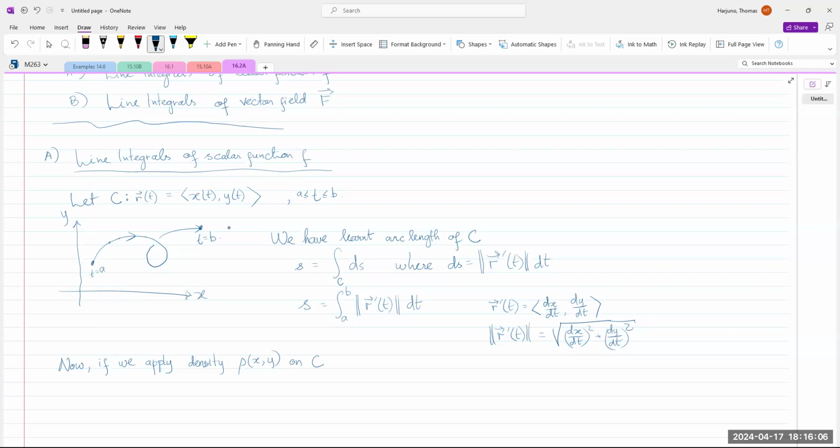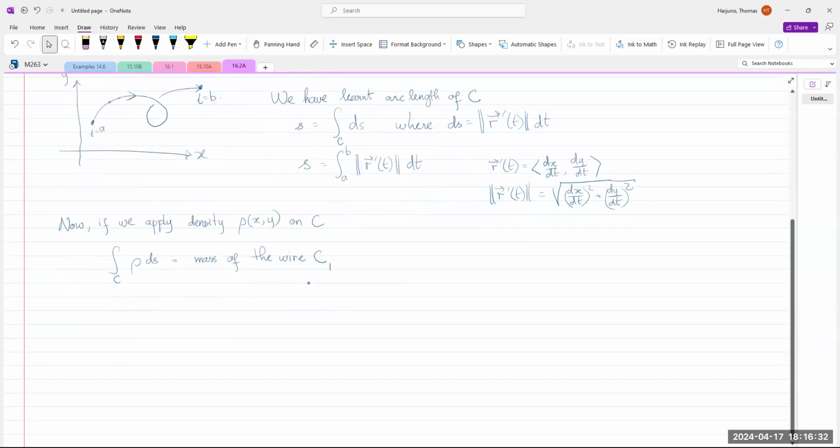Then the integral over C of density ds is basically the mass of the wire C, right?